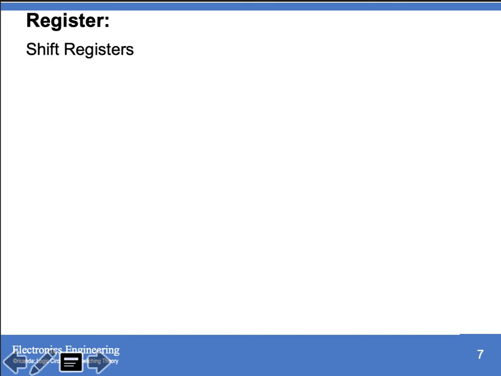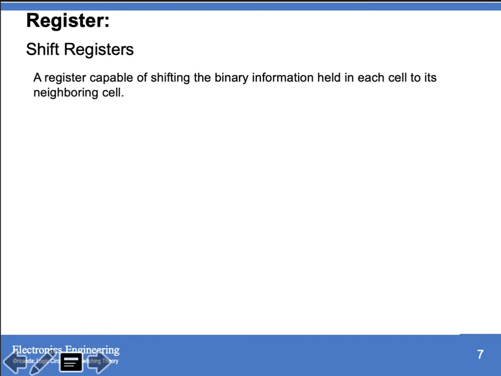Then we have a shift register. A shift register is capable of shifting the binary information held in each cell to its neighboring cell.